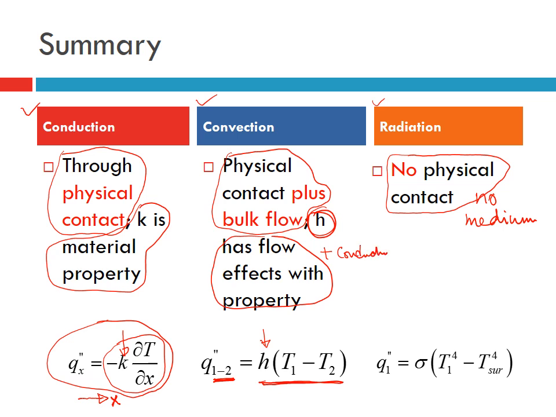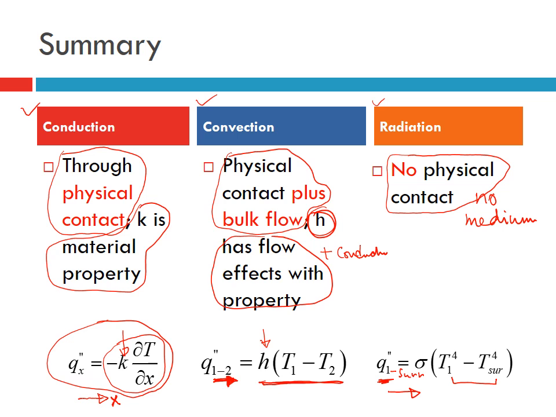And then finally, in the radiative equation, the heat flux is going from 1 to surroundings. Like here it's from 1 to 2, here it is from 1 to surroundings. So they all have directions, and this is now the rate law.